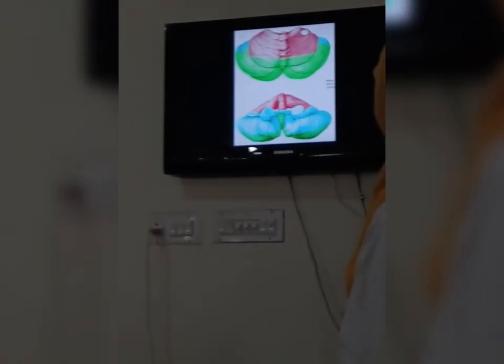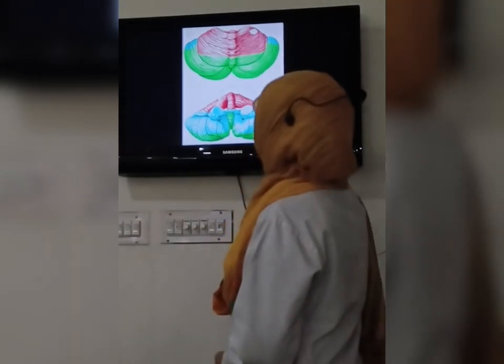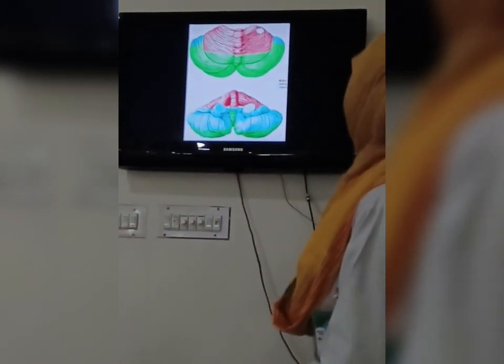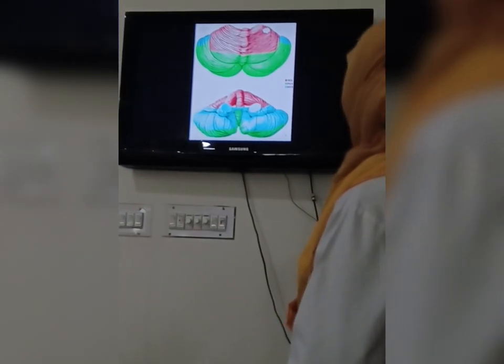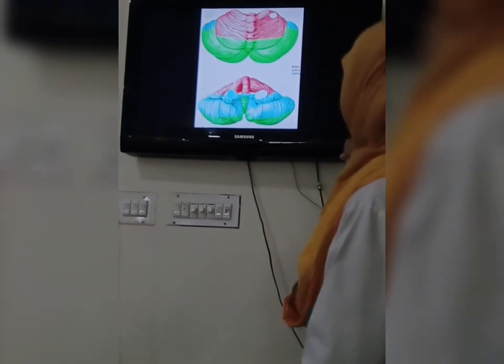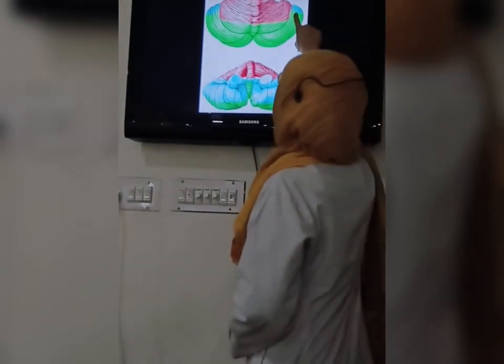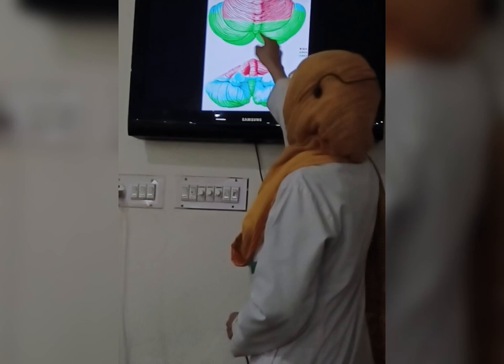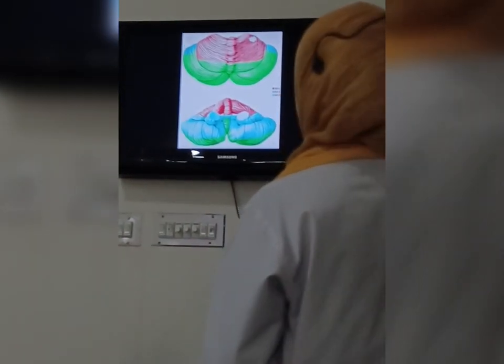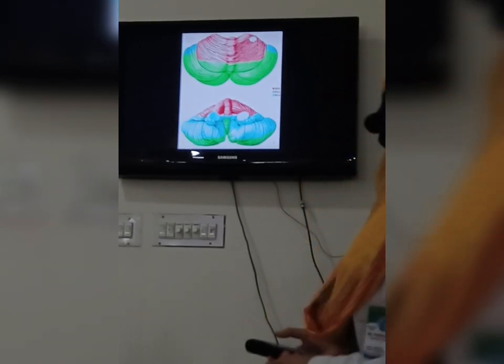And in the very center, they are connected through the vermis. You've already learned the gross features. And it's being thrown into so many convolutions called folia. And you also observe the deep fissures over the surface, right? And it carries much more neurons than that of the cerebral cortex.